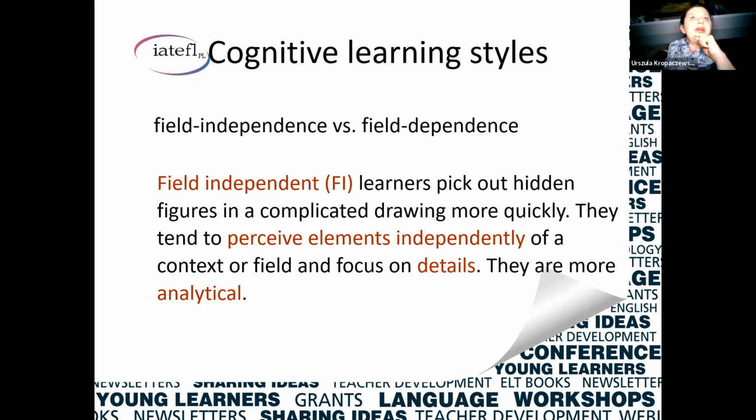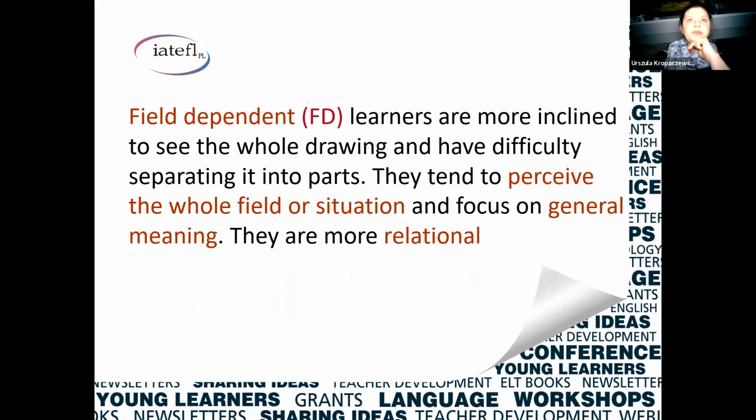They will be better at analyzing grammar if we ask them to do so. While on the other hand, people who are field dependent language learners, they will be better at finding the general idea of a text.